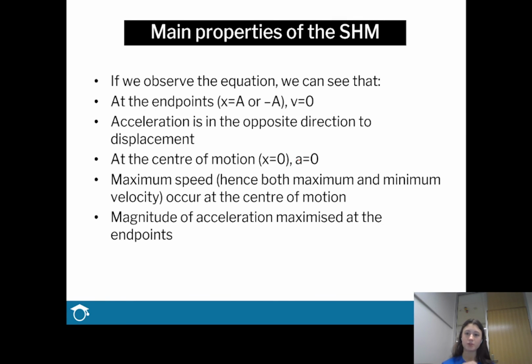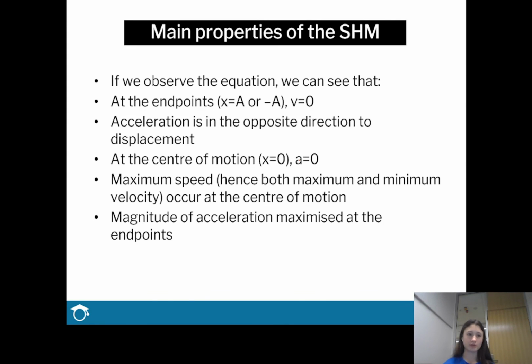The reason for that is, as an object is moving further and further away from its equilibrium, it's slowing down more and more because it's being pulled back towards the center. But when it's getting back to the center, it goes the fastest that it possibly can.